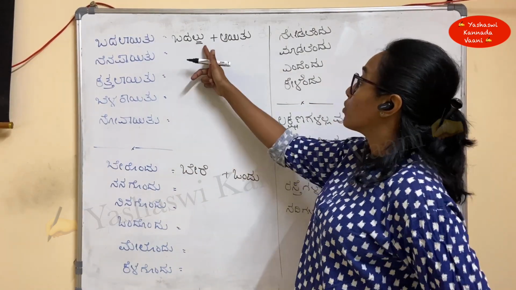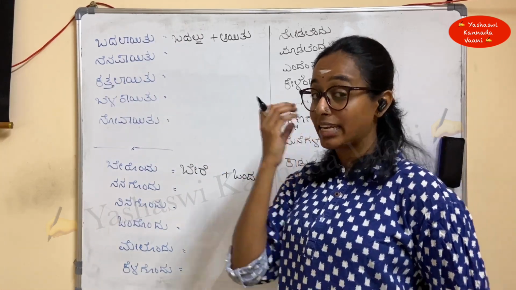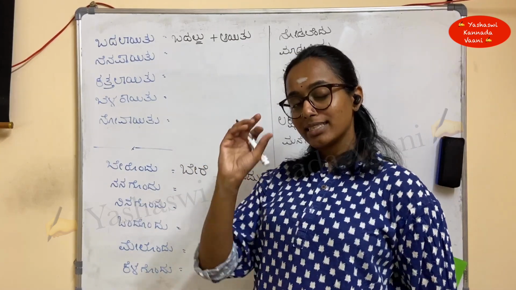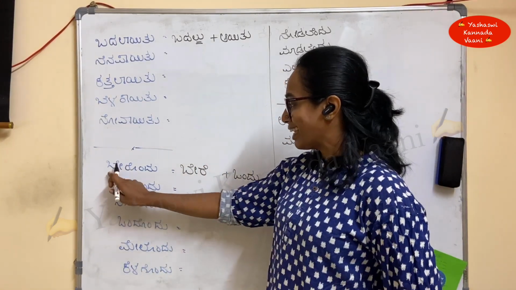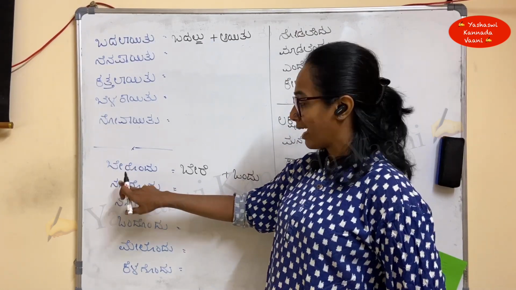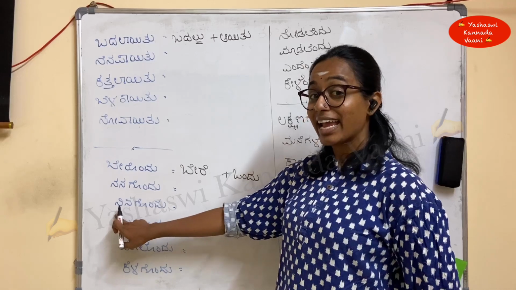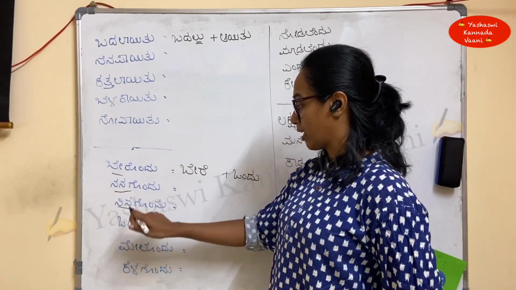Okay, now mostly O will go with A. That's an elaborated explanation which I will take in a different video, so don't worry about it. Let's just focus on what sound I am talking about. So here it's A, bere. Here it will be nanage, ninage. I'll underline this for you.